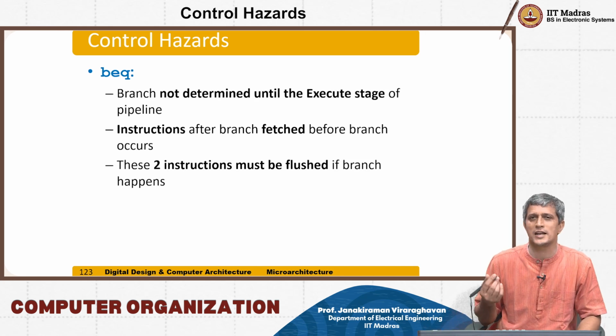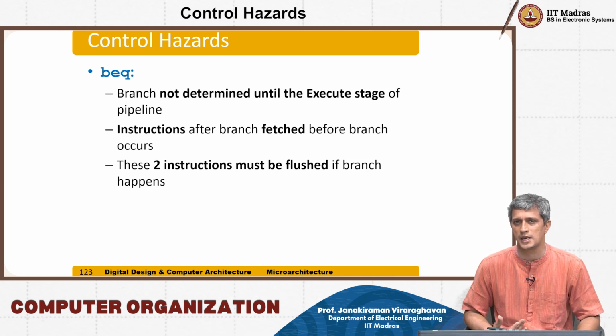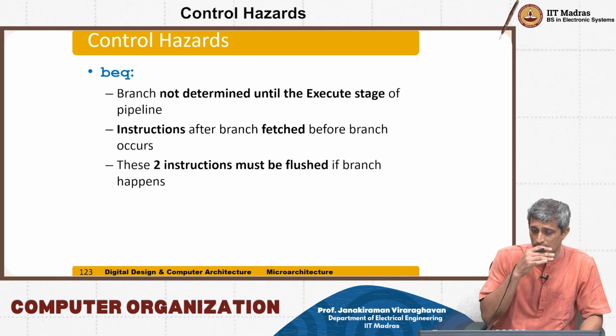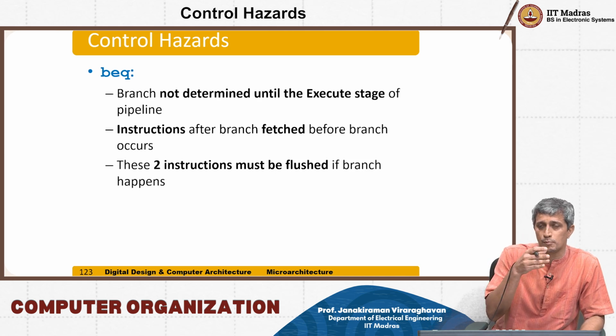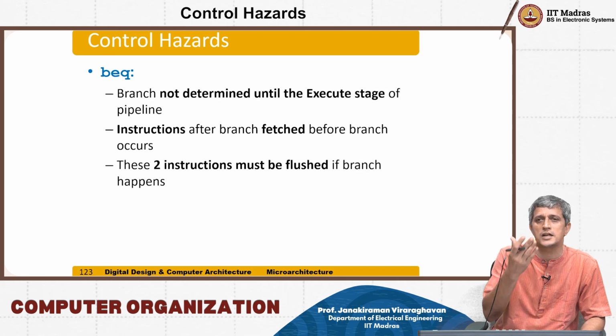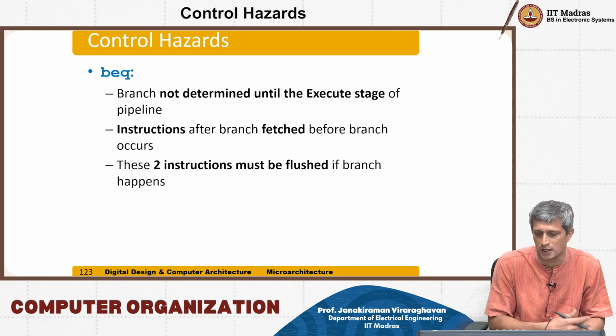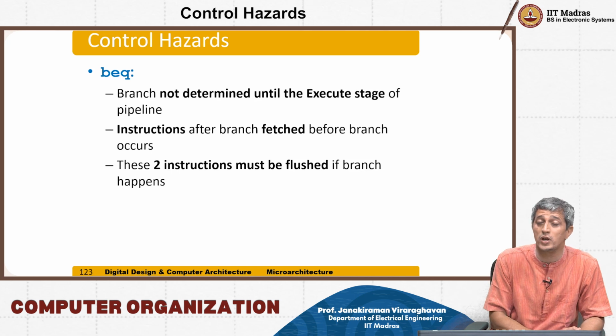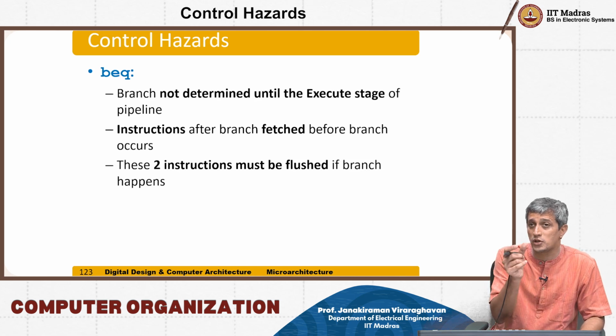So where does this happen? It happens basically in the branch on equal, right? Now, when you do a jump and stuff like that, it's known that you have to jump unconditionally. Whereas when you're doing a branch on equal, you're actually checking the contents of two registers.